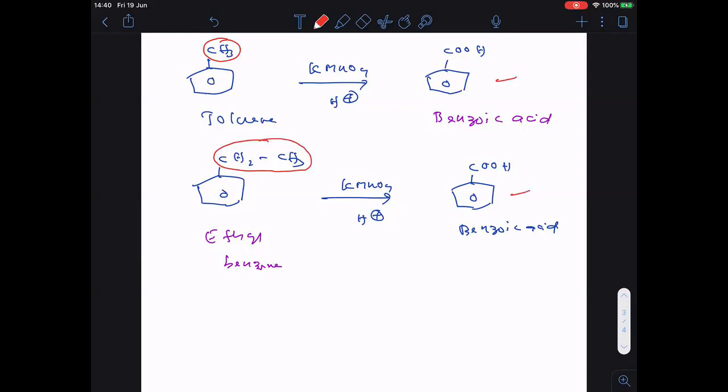So remember, irrespective of the number of carbon atoms in the alkyl group, that alkyl benzene on oxidation always gives benzoic acid only. Write this point once again.